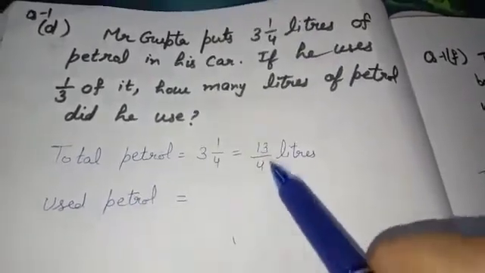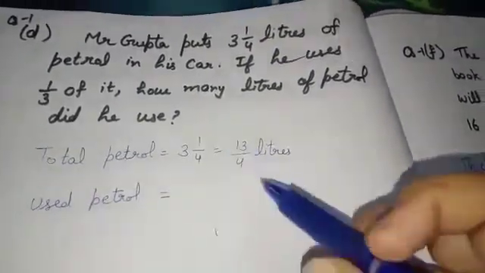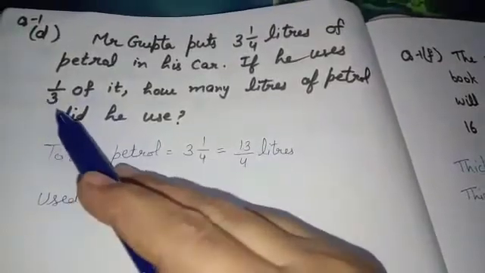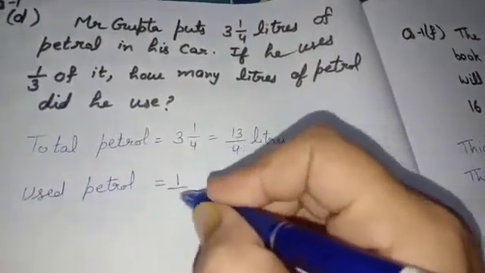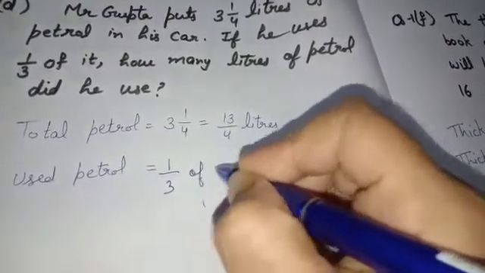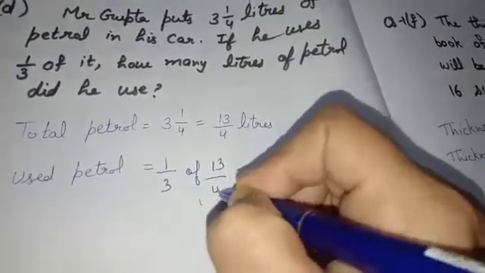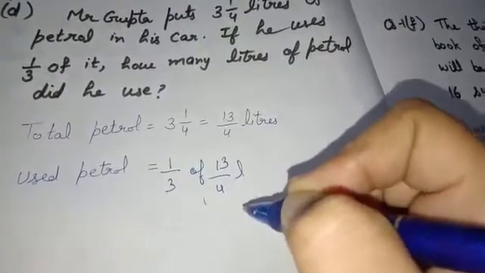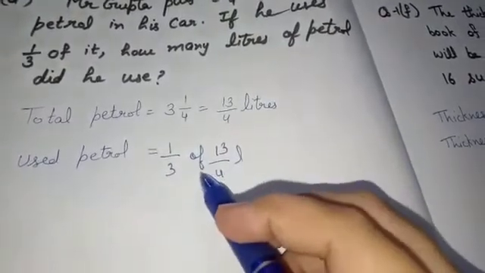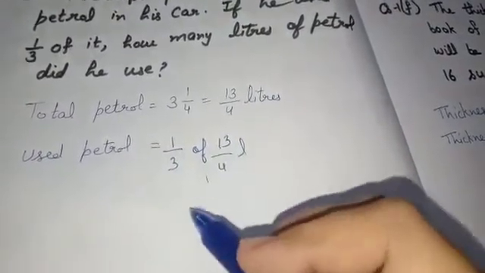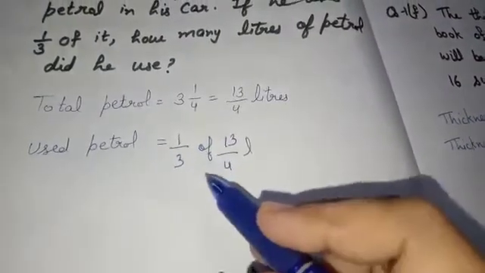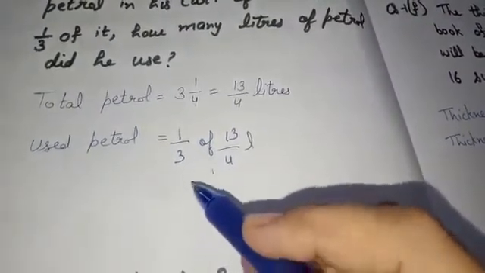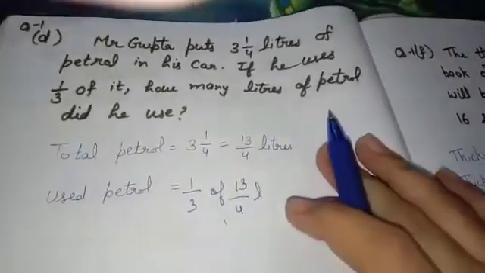So total petrol is given, and used petrol we need to find, which is 1/3 of it. It means 1/3 of the total petrol, 13/4 liters. Now as we did in the first part, of means multiply, then multiplication of two fractions we know, and finally convert into a mixed number, and you will solve this question on your own.